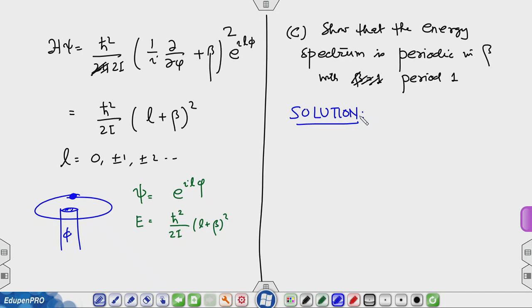So, we found that the energy on L depends as h cross square over 2 I times L plus beta square, L equals 0, plus minus 1, and so on. So, you have this energy spectrum which is going like this.